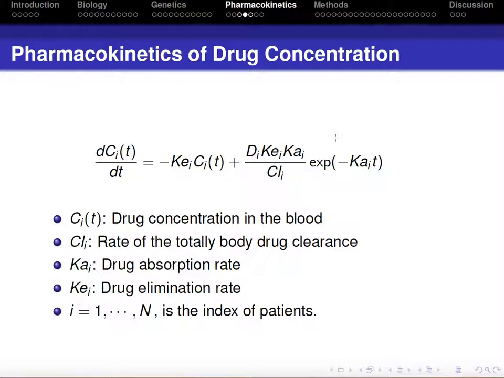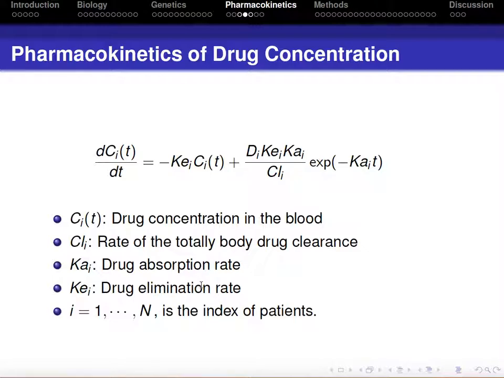So here, for this equation, Ci(t) stands for the drug concentration in the blood, and Cl is the rate of the total body drug clearance. Ka stands for the drug absorption rate, and Ke stands for the drug elimination rate. And here i is the index of the patients.